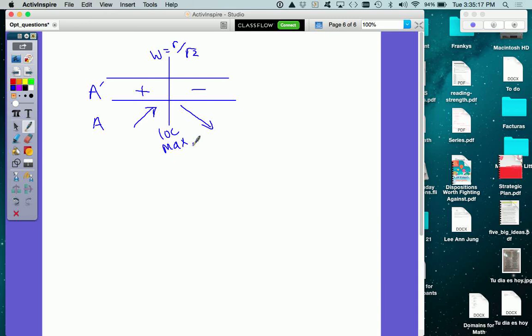So now we can write our answer. We're looking for an absolute maximum, and we have enough justification up here in the labeled sign chart to get that. So we can say area has an absolute maximum when w equals r over the square root of 2.